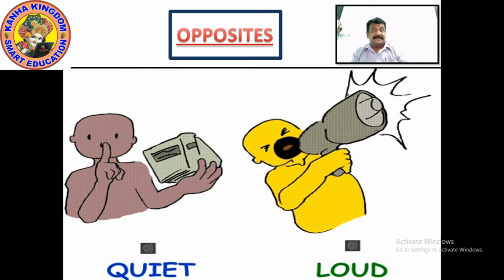Here it says opposites. Quiet, loud. Quiet means silence. When you say quiet, it means not to make a noise. What is the opposite of quiet? Shout. Loudly. Loud. Loud means you need to say something very loudly.